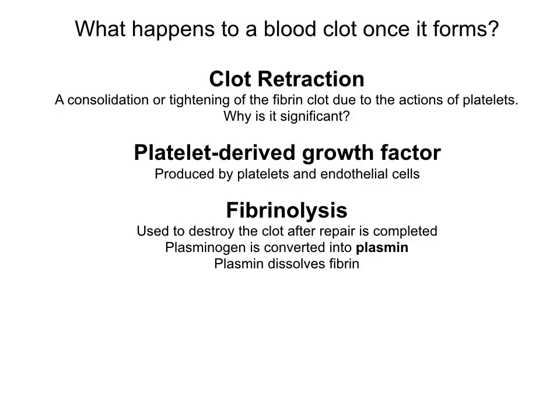So what happens to a blood clot once it forms? Well, after the clot forms, it's going to undergo what is called clot retraction. Clot retraction is a consolidation or a tightening of the fibrin clot due to the actions of the platelets. So remember, your platelets formed this interconnected mesh where they were connected to each other and to the vessel walls.